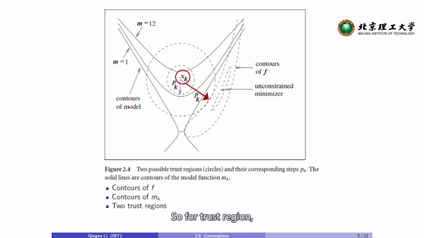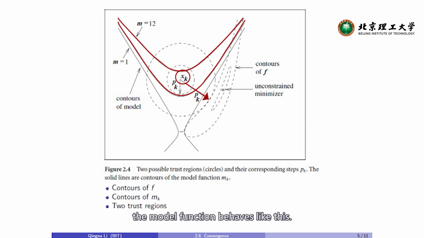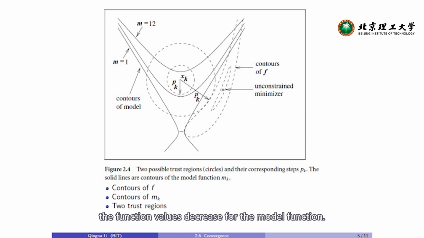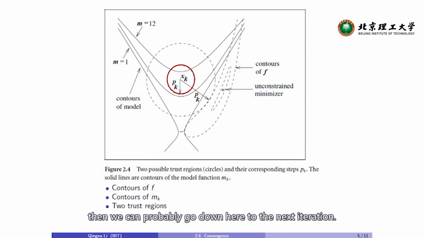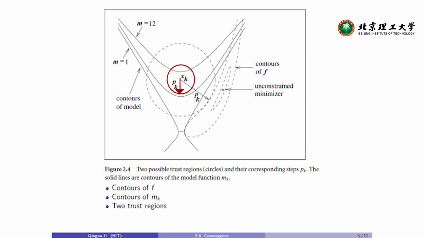For the trust region method, we approximate this function f by the model function. Around xk, you can see that the model function behaves like this. As the contours go down, the function value decreases for the model function. If we try to find the minimizer within this trust region area, then we can probably go down here to the next iteration.